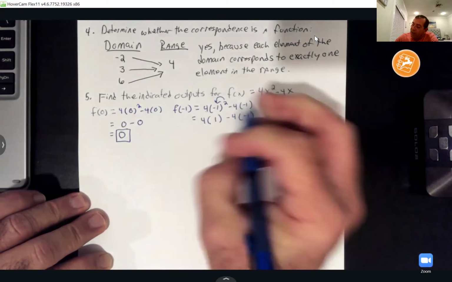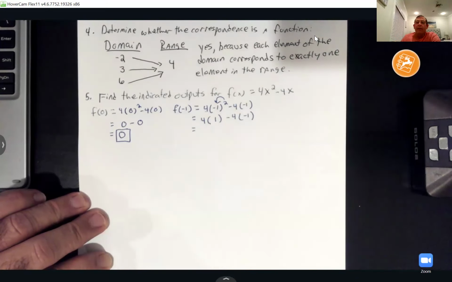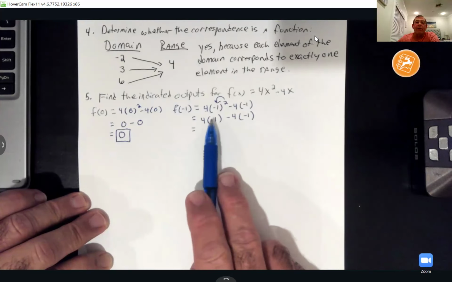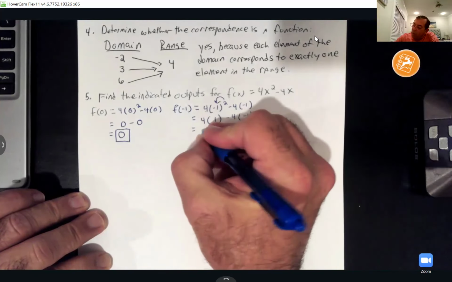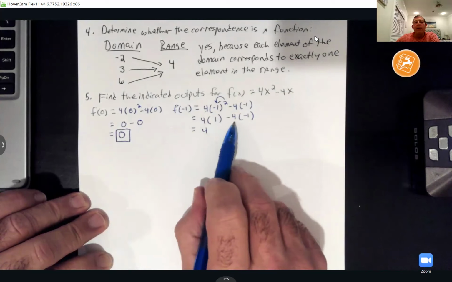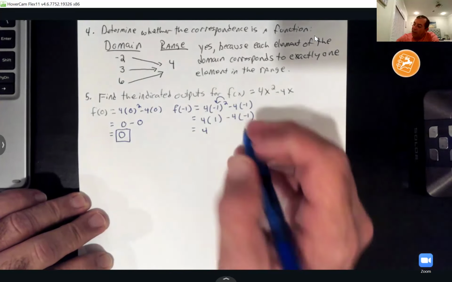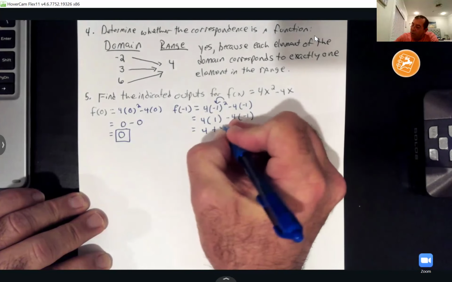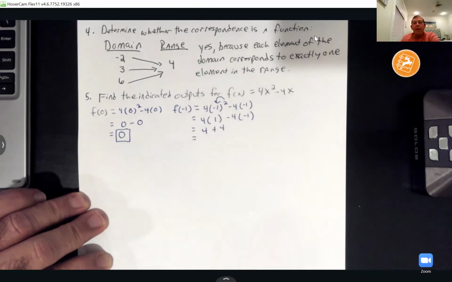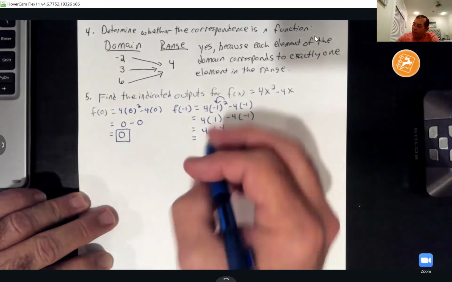And I'm just bringing everything else down. And then I'll do all my multiplying now. So 4 times 1 will give me 4. Now here, this is like a -4 times a -1. That's going to make that a +4. And y'all, finally, that 4 plus 4 gives us an 8.